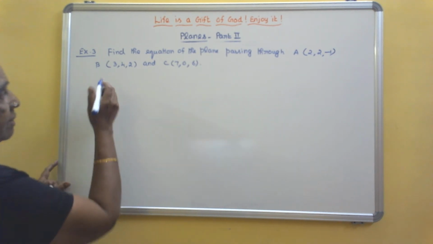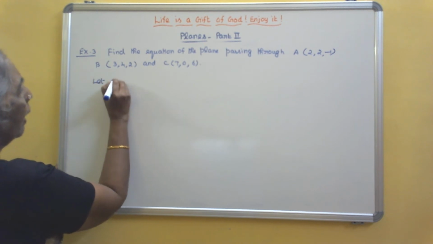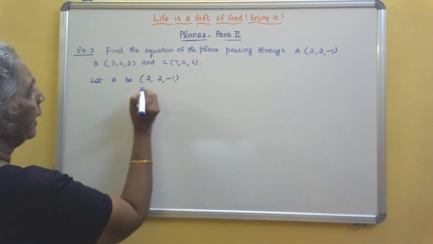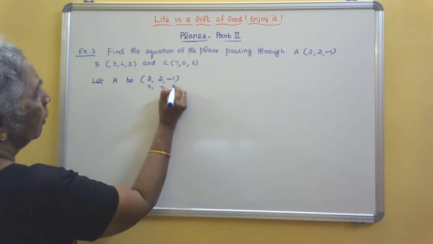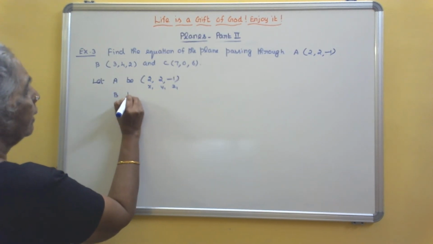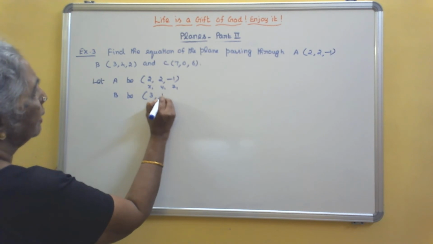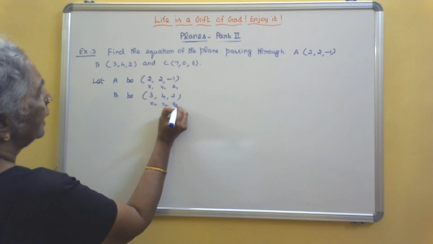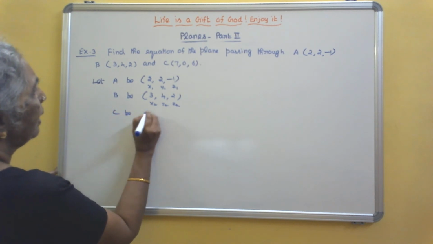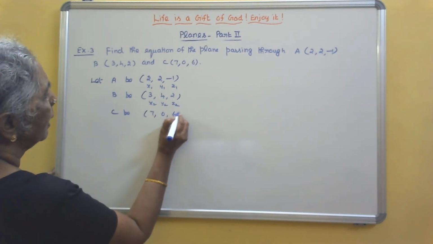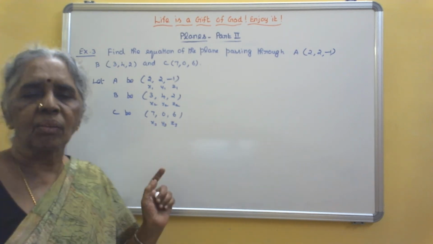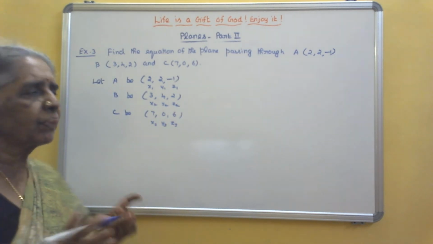So here, let us write, let A be (2, 2, minus 1). Write x1, y1, z1. Write B, that is the second point, (3, 4, 2), x2, y2, z2. C is (7, 0, 6), which is x3, y3, z3. That's all. Now write the formula.